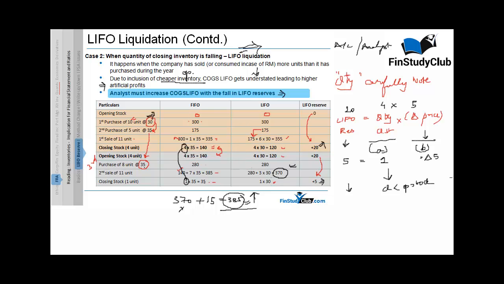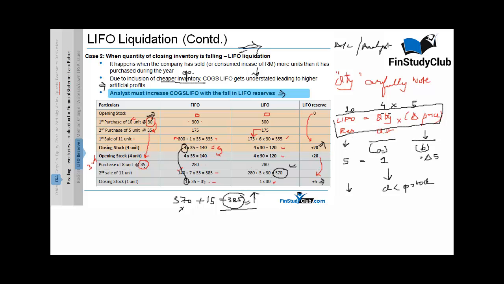So just to quickly summarize, this is really the formula that you have to memorize and understand: LIFO reserve is the quantity lying in the closing stock multiplied by the change in the price during the year. If the price change is huge, then the value of LIFO reserve would also be huge. LIFO reserve per se doesn't come into the balance sheet nor the income statement, but is shown just as footnotes by all the firms which are following LIFO, obviously in the US.